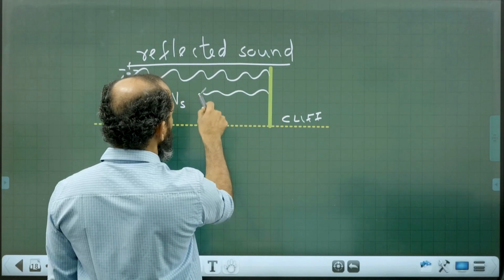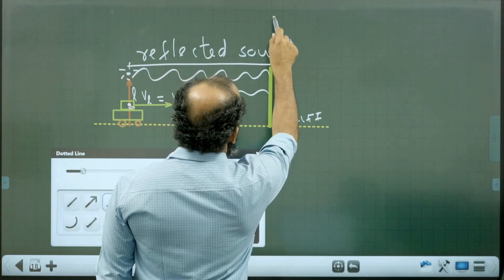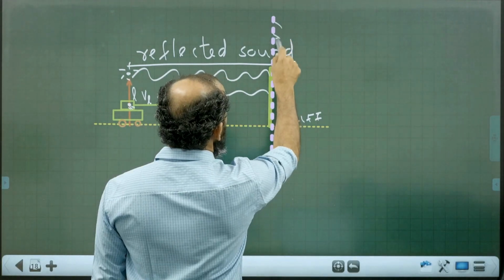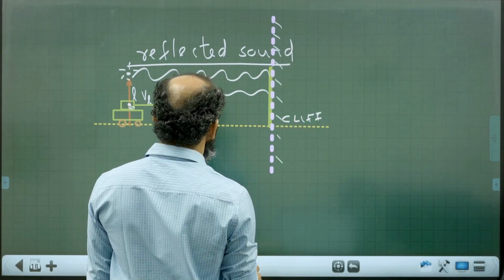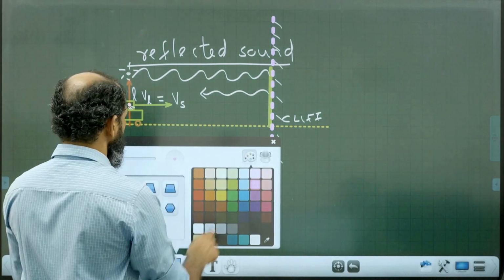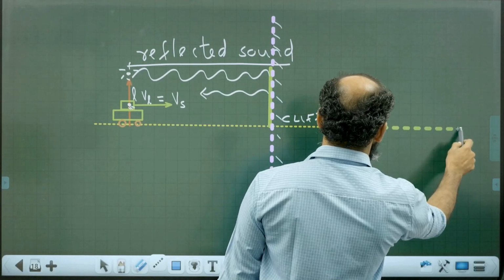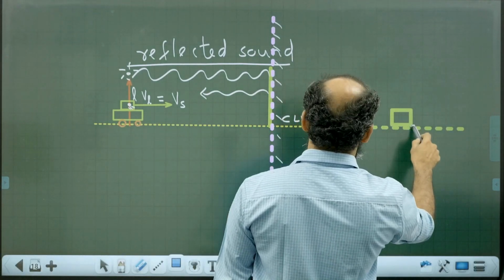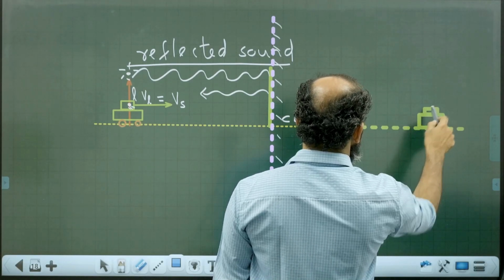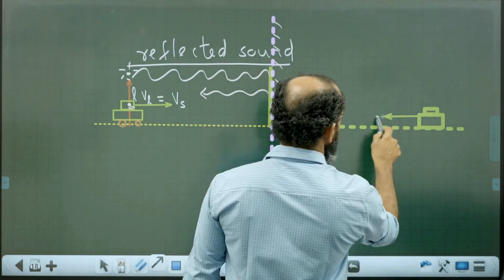Sound comes back. In such cases, you can imagine that this cliff has to be a plane mirror, so that the reflected image of the car is approaching it like this.